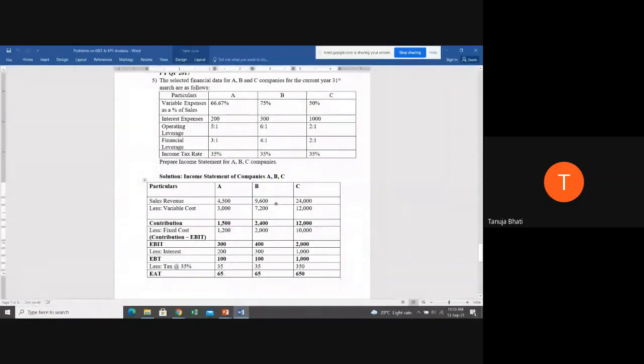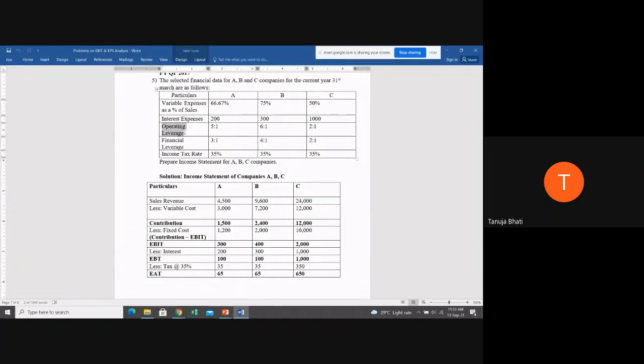So your earnings after tax is 65. On the same lines, you have to do it for B and C. See students, again I'm repeating, if financial leverage is given and operating leverage is given, use the formulas of financial leverage and operating leverage in order to find out the missing figures. The financial leverage formula you will use to find out the EBIT value. Once you know the EBIT value, through the operating leverage formula you will find out sales, and through sales, you will find out variable expenses.